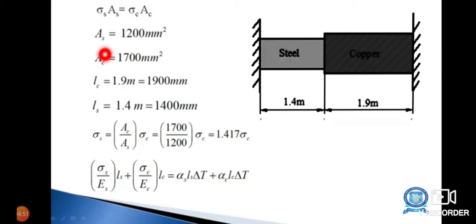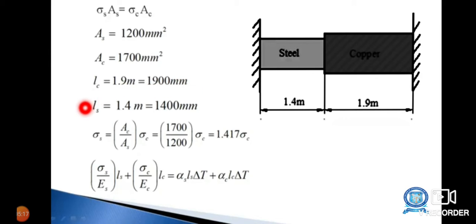So we have the given data. We know the area of steel is equal to 1200 millimeter square. Then the area of copper is equal to 1700 millimeter square. The length of copper is 1.9 meter, which is converted to millimeter by multiplying with 1000, so it becomes 1900 millimeter.